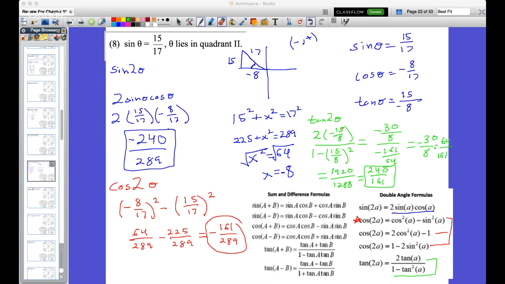I'm just going to take my numerator and do 2 times negative 15 over 8, and that's my numerator. Make sure that the numerator is all in one parentheses and divide that by my denominator, which would be 1 minus negative 15 over 8 squared. Again, making sure everything is in the correct order. When I hit enter, I get this nasty fraction.